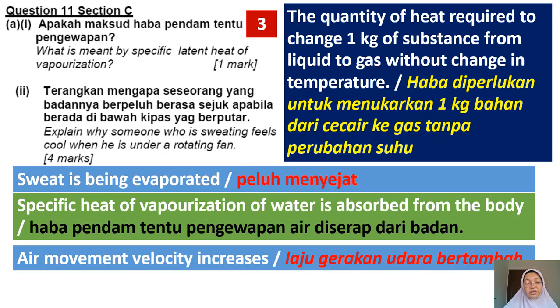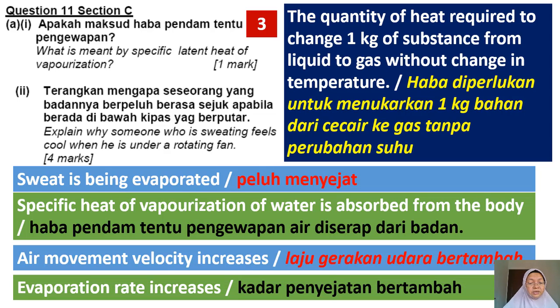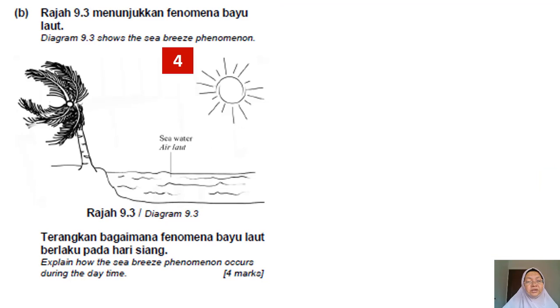Laju gerakan udara bertambah bila ada kipas, maka angin akan ada, jadi akan mempercepatkan lagi proses penyejatan. So evaporation rate increases ataupun kadar penyejatan bertambah. Okey, so 4 markah situ ya. Okay, next question.